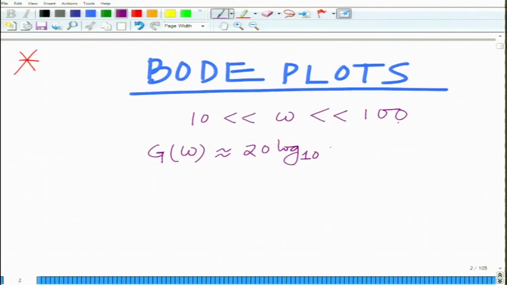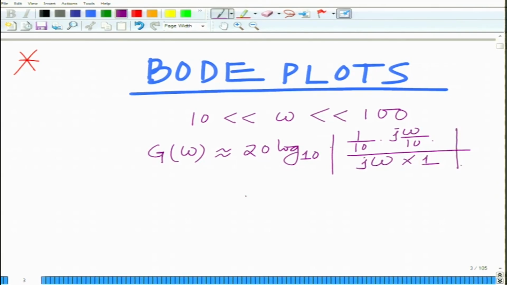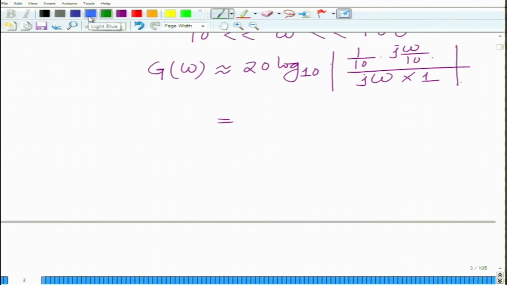So, this is approximately equal to 20 log to the base 10 magnitude of 1 over 10 to j omega over 10 by omega, or rather j omega into 1, and the omegas cancel.